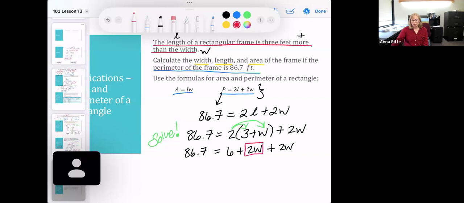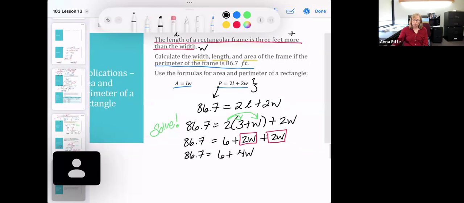It looks like I have W terms on the same side of the equation. That's the next thing I'm going to focus on: how many variable terms do I have? Looks like I have two. So let's combine them. 86.7 is equal to 6 plus 2W plus 2W, which is 4W. Add those coefficients 2 and 2.